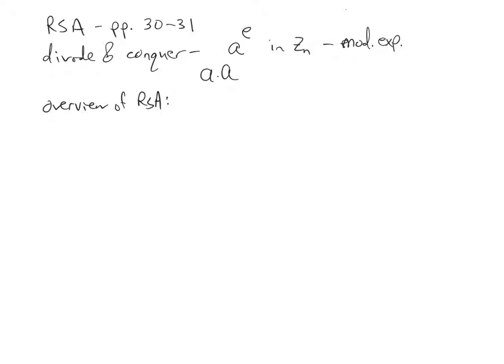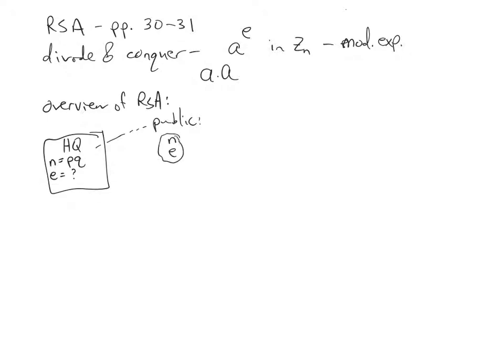Somewhere we have headquarters, and in headquarters, the sneaky people there come up with two prime numbers, and they compute n equal to p times q. They come up with an even more weird number called e, and then they publicly publish on their website, make known to everyone in the world, those two numbers, n and e.